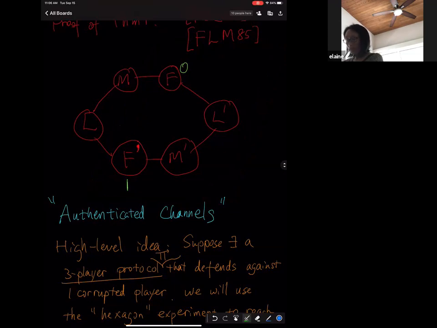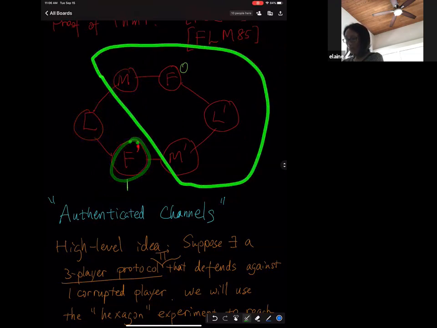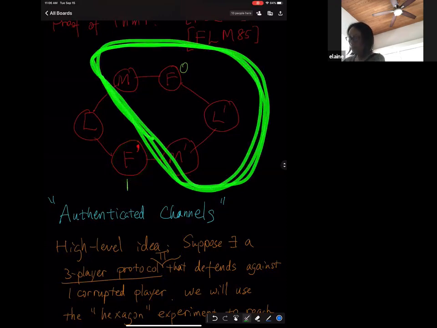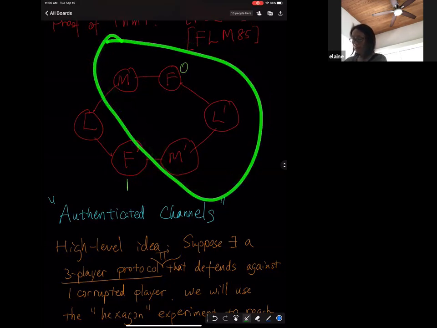We are going to view it as a 3-player execution involving M, L, and F prime. M is actually executing this. So let's say the 3-player execution is this big program virtualizing all of this, and then there's L and F prime.